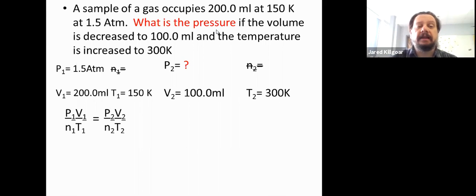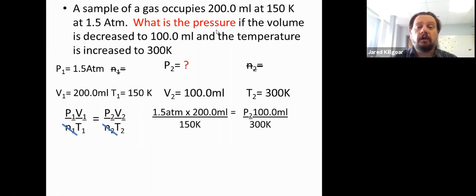So I have my combined gas law here. I don't talk about moles, so I cross that out. Don't need that in the equation, and I have my normal form of the combined gas law. All I do from this point is I substitute in all the variables.